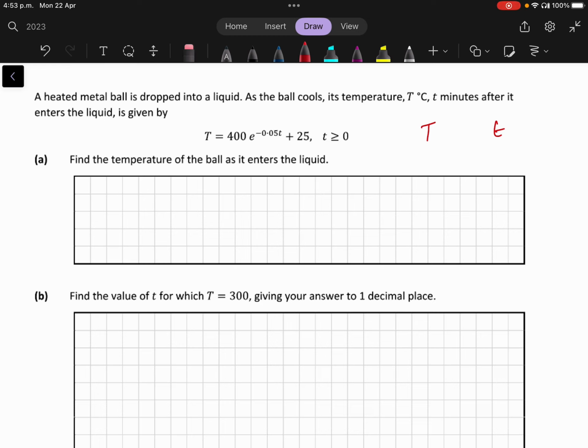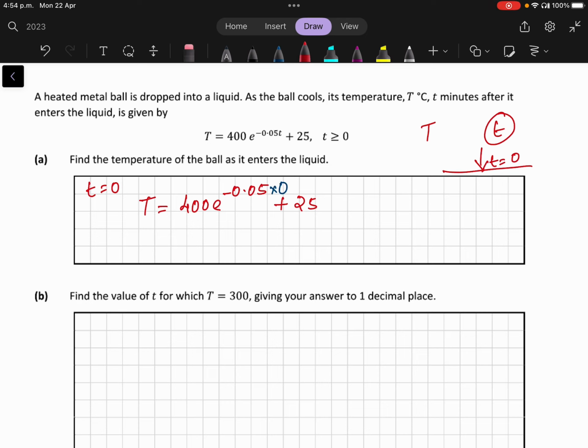And then find the temperature of the ball as it enters the liquid. So there is some liquid, as it enters the liquid, time is equal to 0 because t is the time. So you can just sub in t is equal to 0 in this formula. Maybe I'll write it a little more neatly. So this is t is equal to 0. Then you can write this as 400 e to the power of minus 0.05 t plus 25, and this t will be equal to 0.